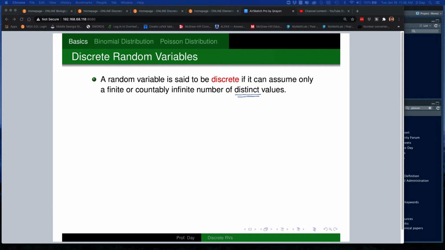In other words, they have to be exactly 0, 1, 2, 3, 4, so forth and so on. They have to take on distinct values. So our random variables will be represented by those kinds of numbers. Examples can include the sum of the faces of two fair die. So if you roll two die and you sum them up, you get the possible sums of 2 through 12.